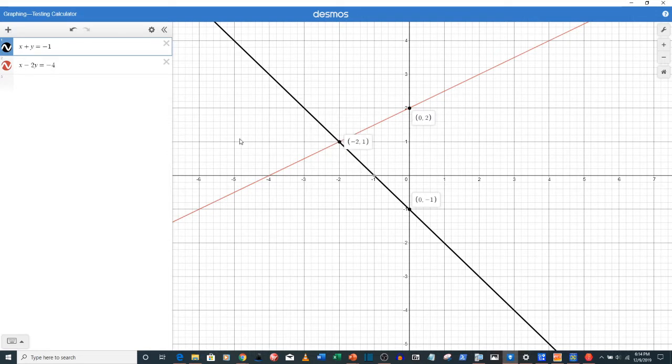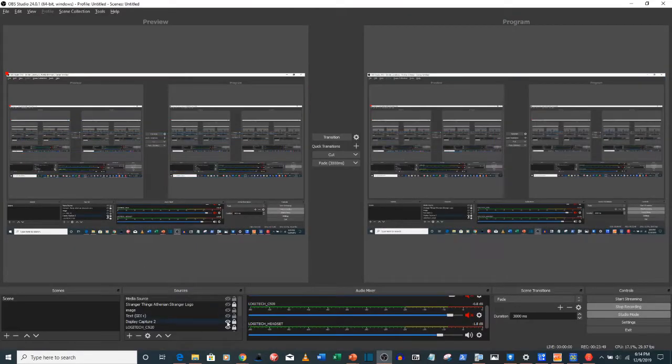My black line, my top equation, has a y-intercept at negative 1 and slopes downward. And my bottom equation has an upward slope and it crosses at 0, 2. It has a y-intercept of 2. So these are the things I'm looking for as I go through my solution process.